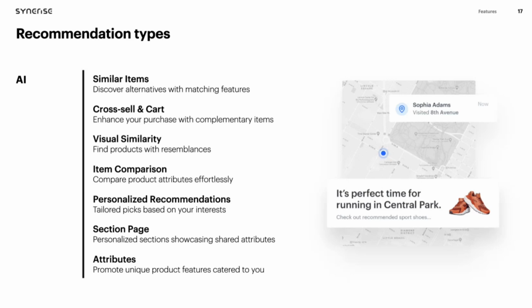Also, another recommendation type is visual similarity. There is a slight difference between similar items and visual similarity, because similar items are mostly based on semantics. However, visual similarities are based on the images of the products.